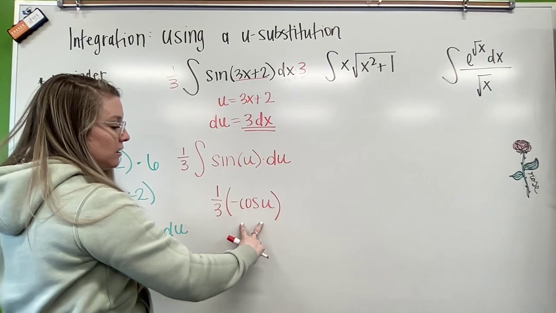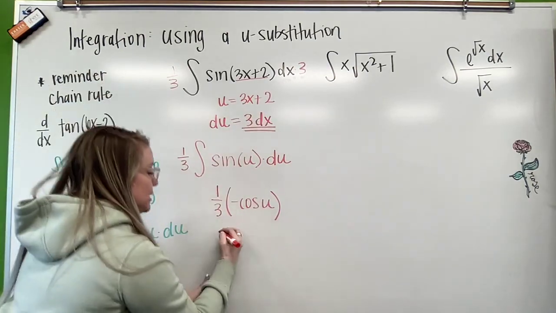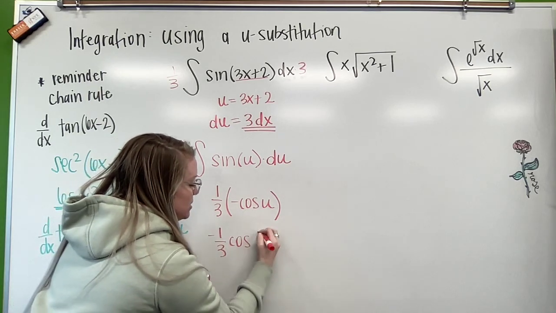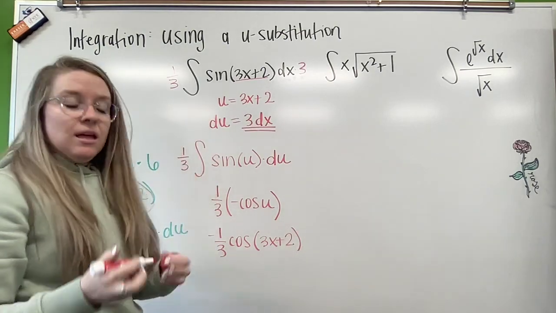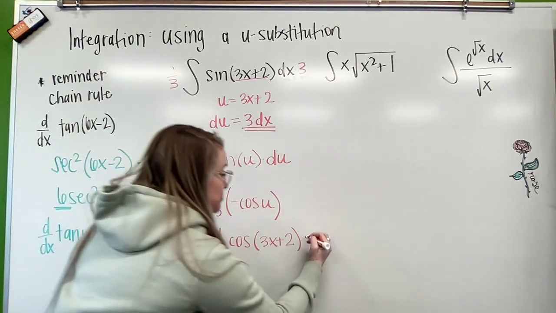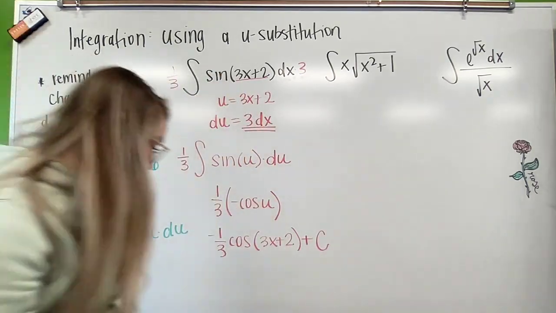So I'm left here, and the last step is I'm going to replace that u with the 3x plus 2. So I'm going to get negative 1/3 cosine of 3x plus 2. Because it's an indefinite integral, we're going to add that plus c. I almost forgot that. I surprised myself.